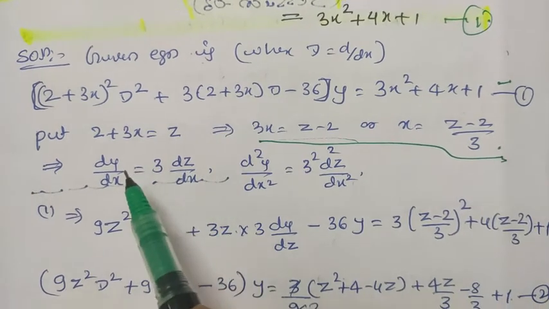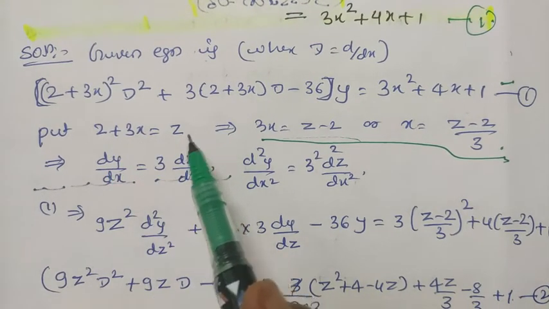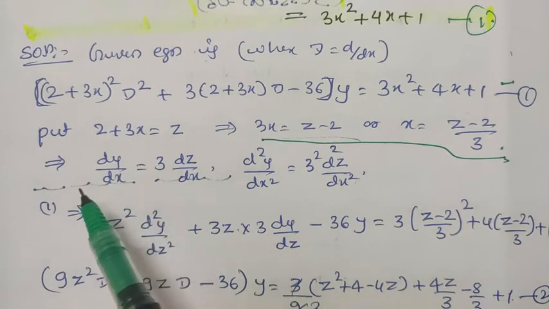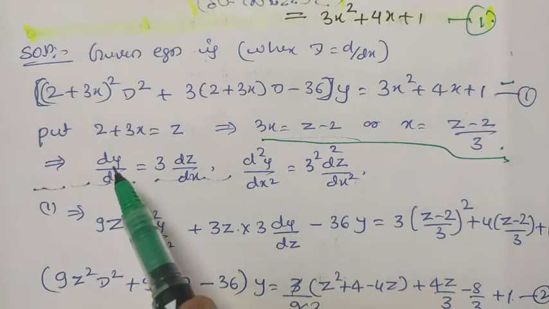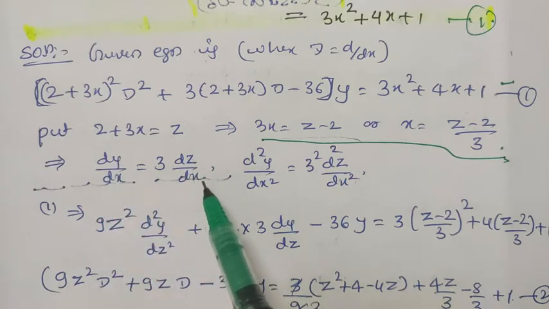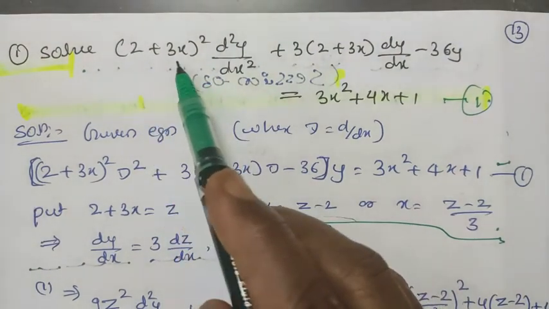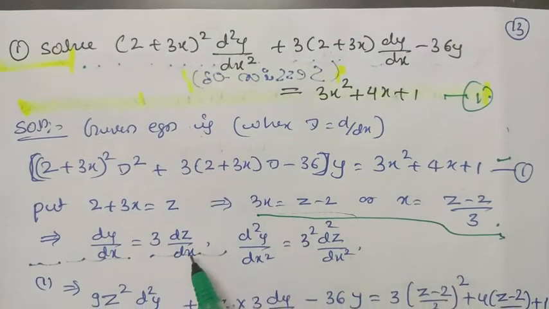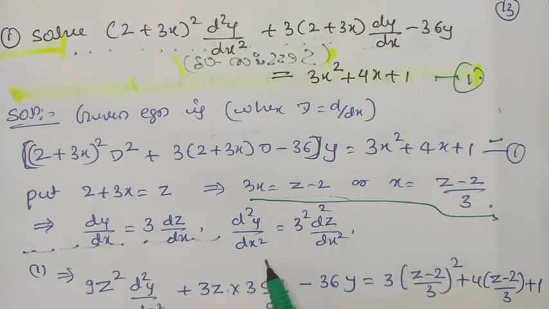Now if we substitute 2 + 3x = z, then dy/dx is 3 dy/dz, that is q into dy/dz, where q is the coefficient of x. And d²y/dx² is 3² d²y/dz², that is q².